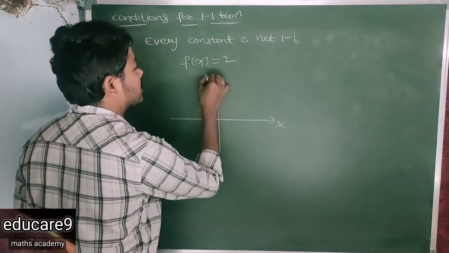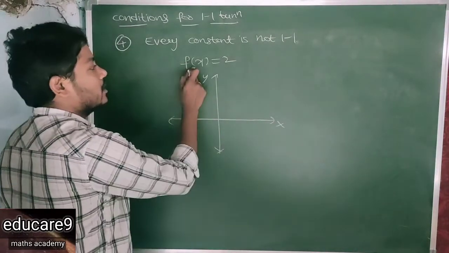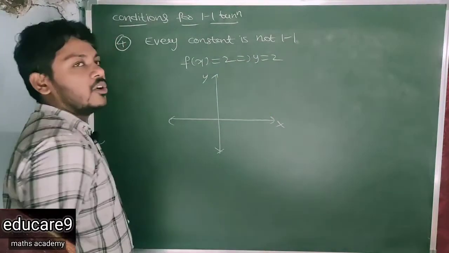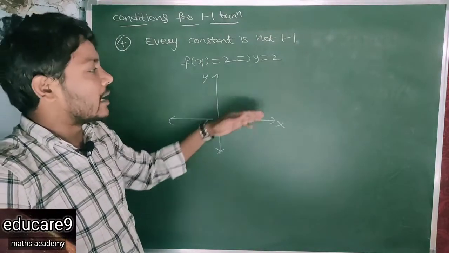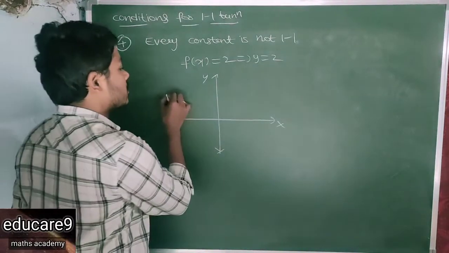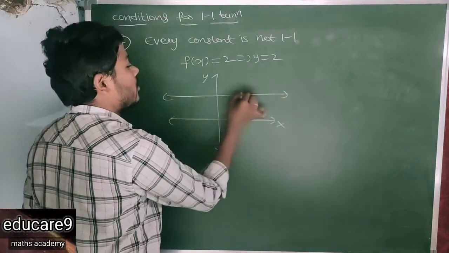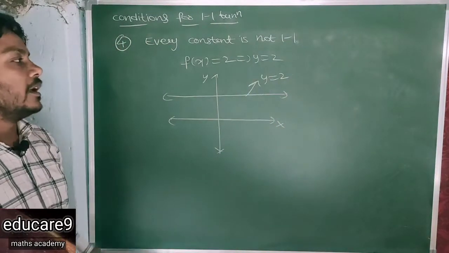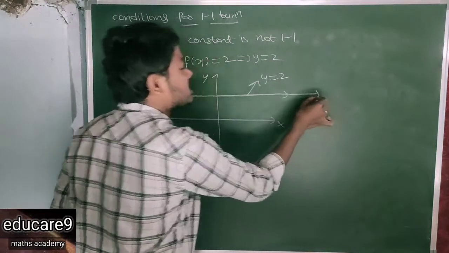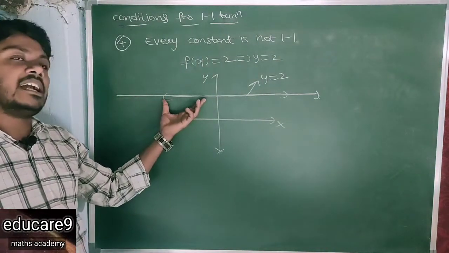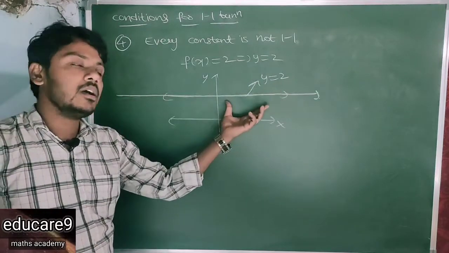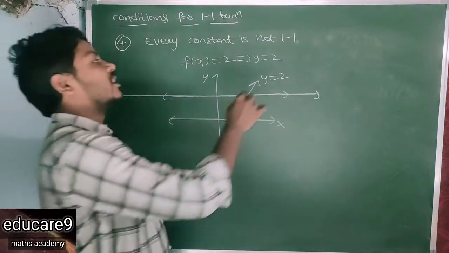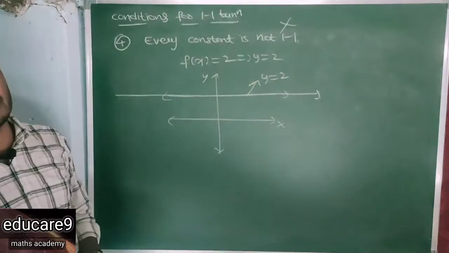This is the x-axis and this is the y-axis. f of x is equal to 2, so this is y equals 2. You know that the line y equals 2 is parallel to the x-axis. So clearly this is the y equals 2 graph. Draw the horizontal line on y equals 2. Clearly this horizontal line touches the given graph at more than one point. So clearly that function is not a one-one function.